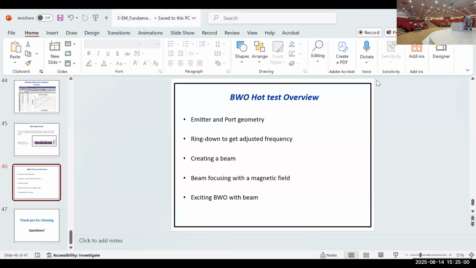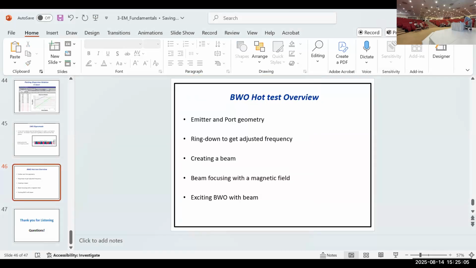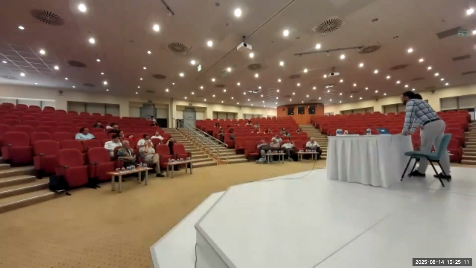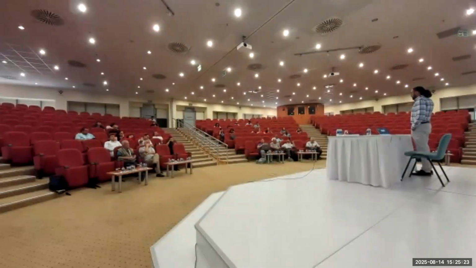May I ask a question? Yeah. In the CST eigenmode solver, if you request, for example, 10 modes, then we have to classify these modes by looking at the modes electrically. Yeah, the mode pattern, yes. In CST, if you have one period, it's going to do it for you automatically. It's going to give you the first mode. You just need to take a look at the mode pattern maybe once.